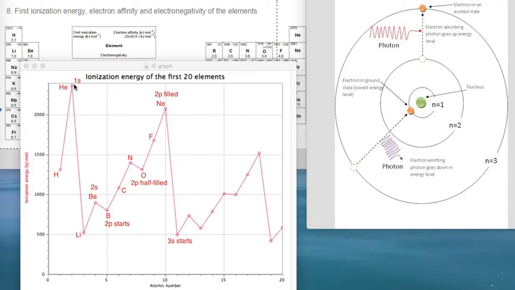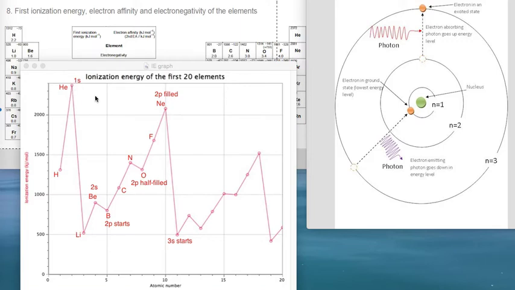We've been told that when an orbital is filled, it has a special stability, and this is the data that shows us that stability. It's stable because it takes a lot of energy to rip away an electron from the full 1s orbital. That's how we know it has special stability, because the data tells us that.